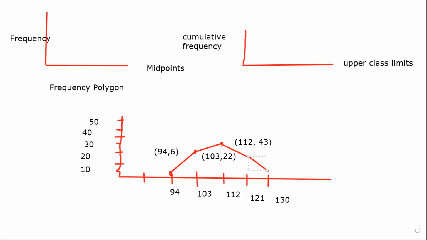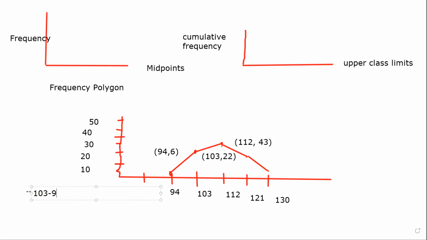Now, if we notice something, we can figure out what these points are supposed to be, because my midpoints are, let me show you. We can see here that my midpoints are always the same distance apart from each other. This is 94 to 103. If you take 103 minus 94, you find out that these midpoints are 9 units apart.